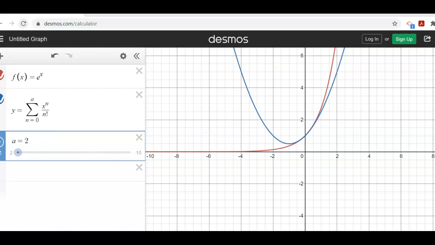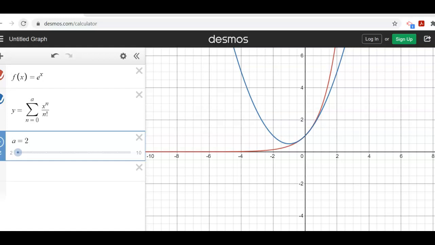The blue graph is the series. So we're starting at going from n equals 0 to a, so basically 3 terms at those particular x values. And you can see around the value of x equals 0, the graphs look identical, just around that y-axis.